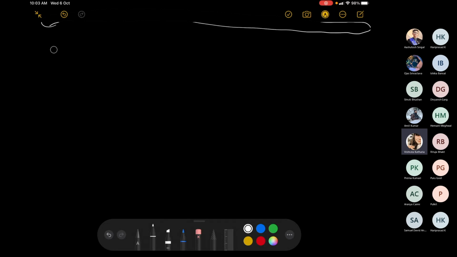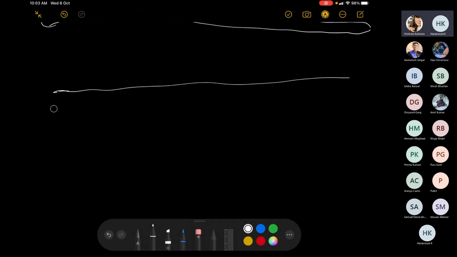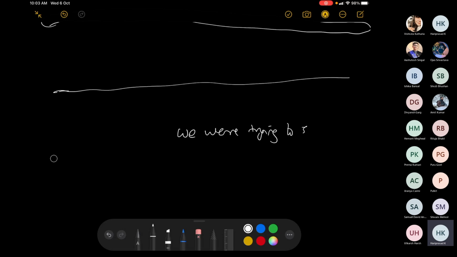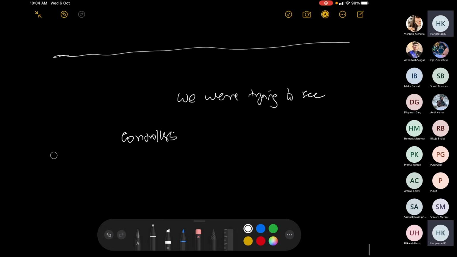Yes. Perfect. So let's do some recap. So we were trying to see controllers. So eventually, controllers means what? It is a device or a soft device.